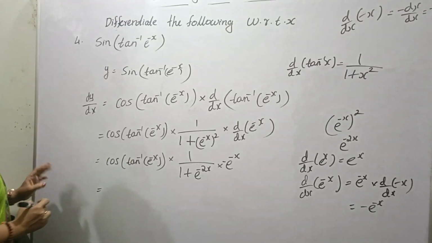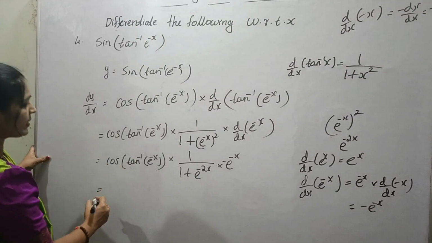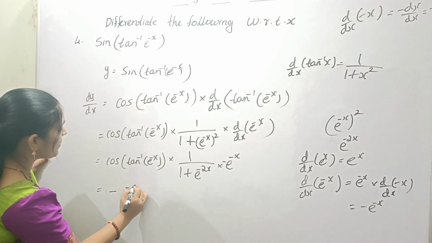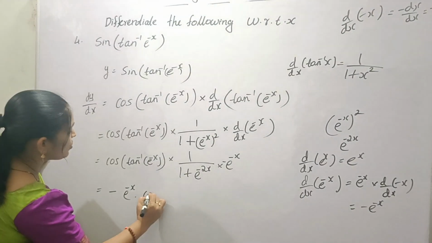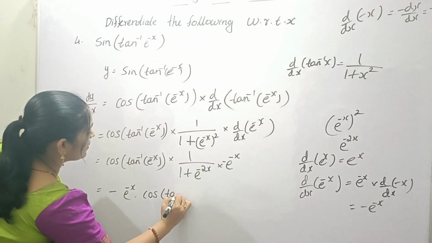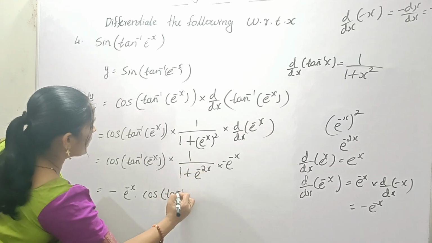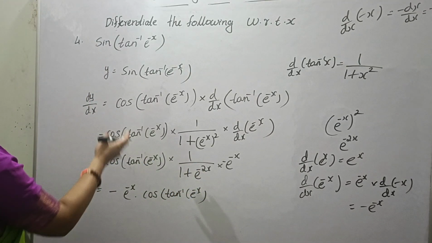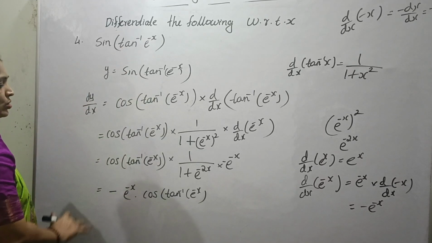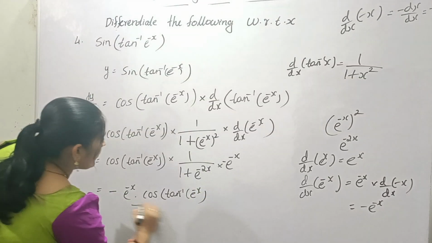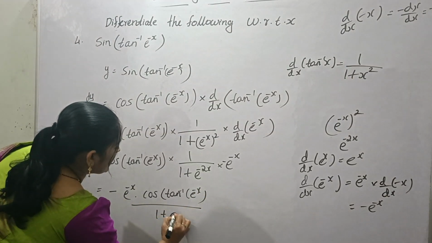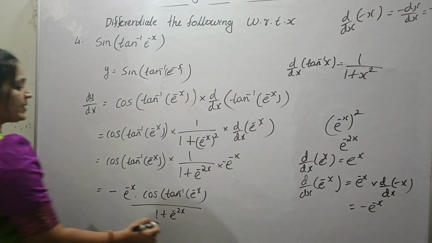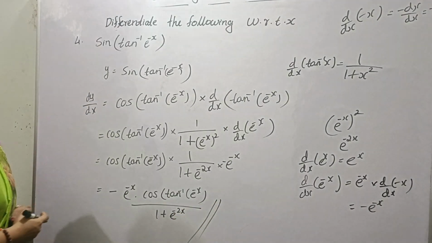So that is equal to minus e raised to minus x into cos, rewriting this one, tan inverse e raised to minus x. Here we cannot substitute y because it is sine, it is cos, divided by 1 plus e raised to minus 2x. That's all. So it is the derivative of the given function.